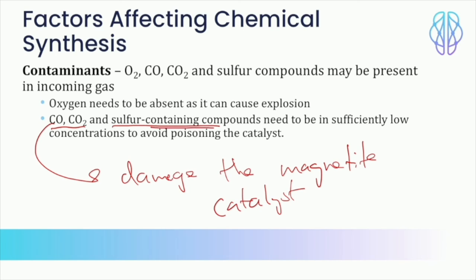We didn't go over that process because it's out of the scope of the Year 12 syllabus. However, you can get some sulfur-containing compounds as a byproduct, and you can get carbon dioxide, which overall, if we just leave them in the reaction vessel, will decrease the yield. So we need to get rid of them in order to not only maximize the yield, but also avoid poisoning and damaging the catalyst, which will also secondarily worsen the reaction as a whole.